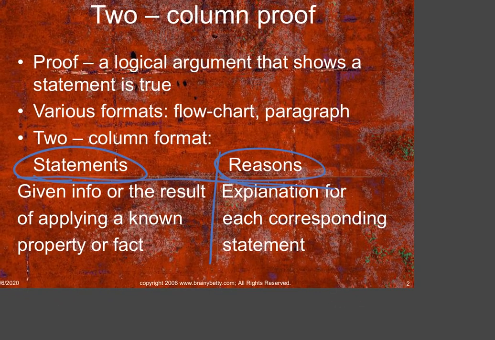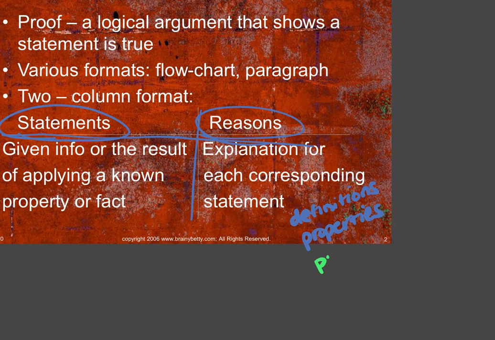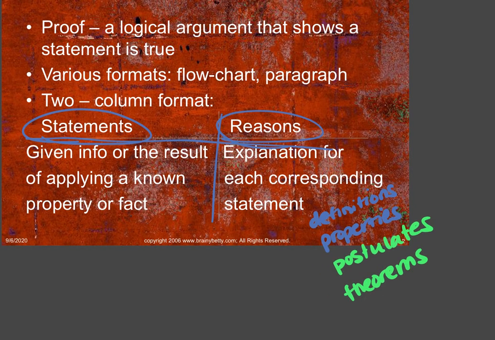So reasons can be definitions. Okay, properties. We've done some postulates, but we're going to add to them. And we're going to add theorems. So like angle addition postulate says that the big angle equals the sum of its 2 parts.